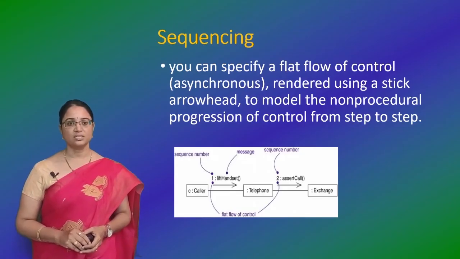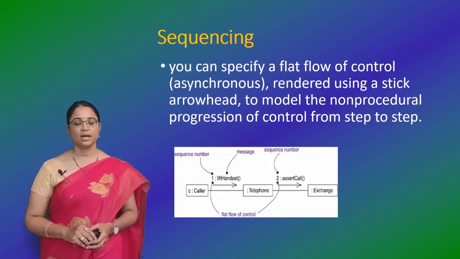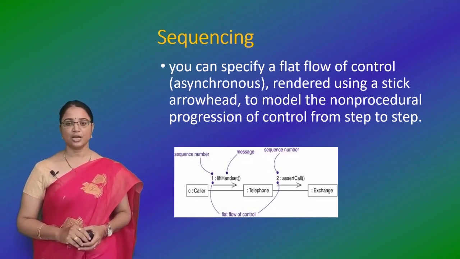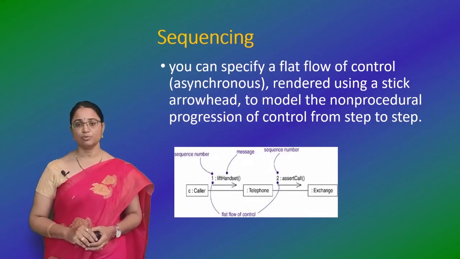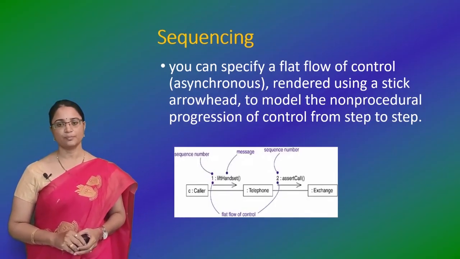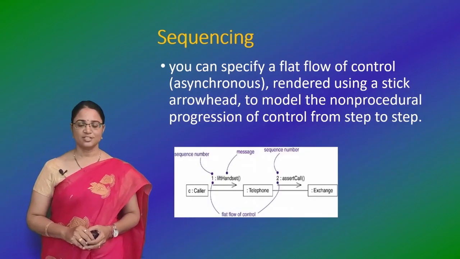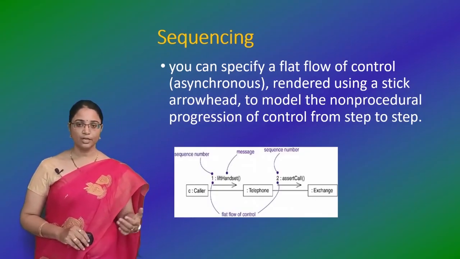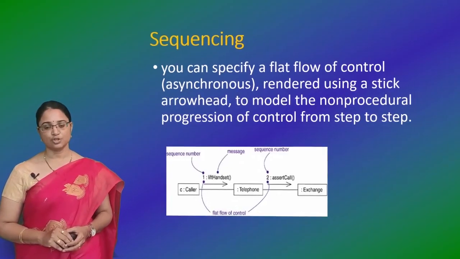These two messages have sequence numbers also. If you see the arrowhead, it is a stick or open arrowhead, which indicates asynchronous communication. This is regarding the different types of communication we are discussing, and later we will discuss more about asynchronous and synchronous communication.